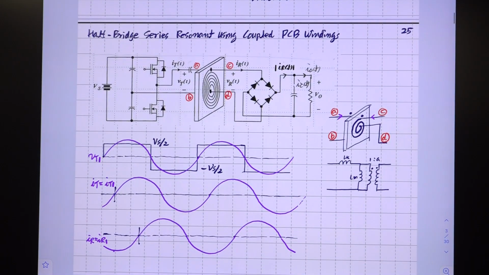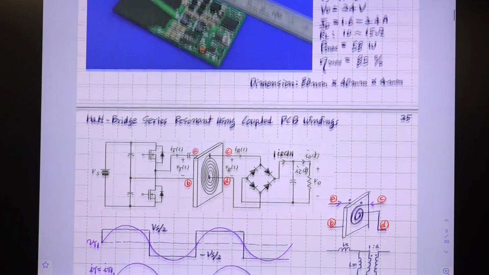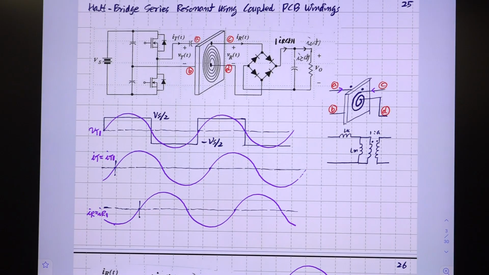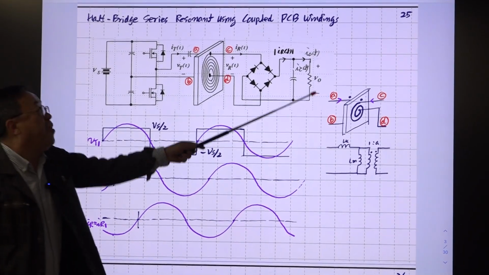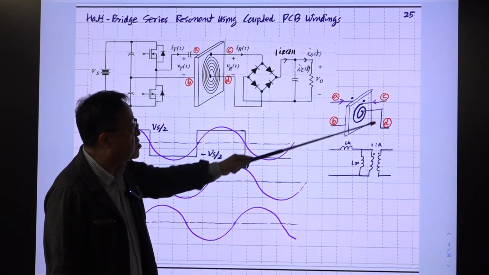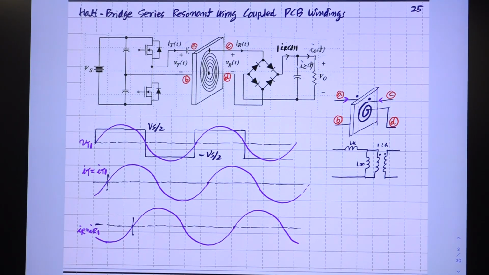So there is one big difference compared with the content of section 10. In section 10, we designed the tank circuit. Here this tank circuit is given by this. If you fabricate this structure with double-sided PCB winding, closely coupled, then there is not much room to control these parameters, right?